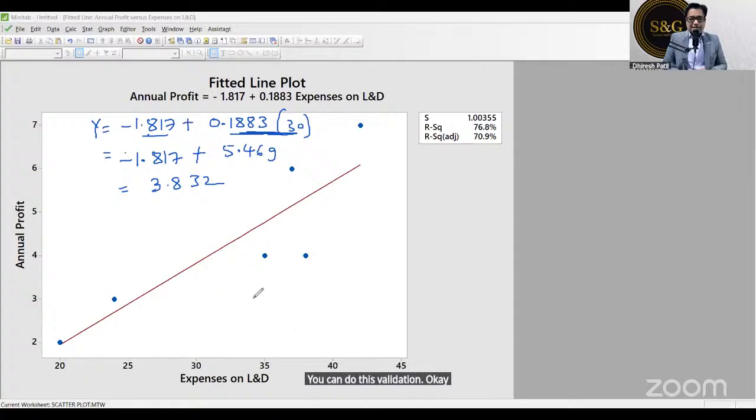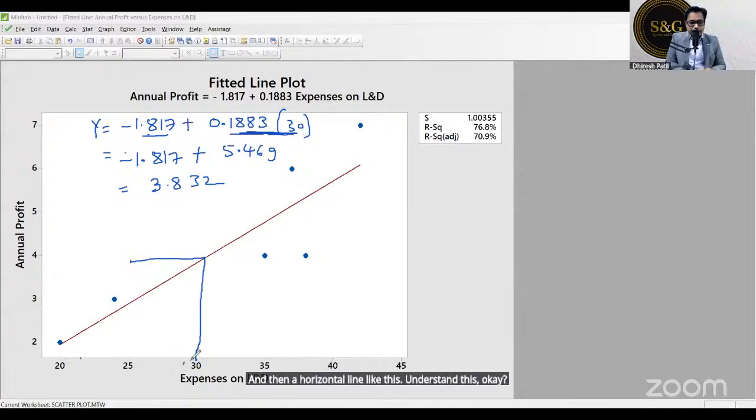Okay, validation is something like this. If I draw a vertical line and then a horizontal line like this, understand this, okay?